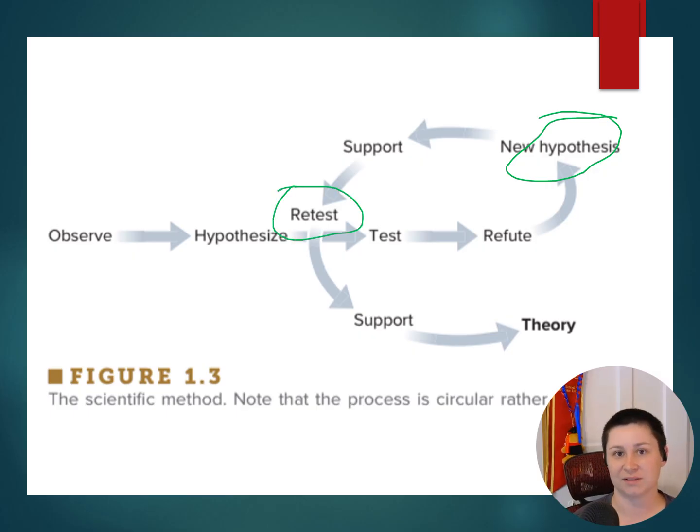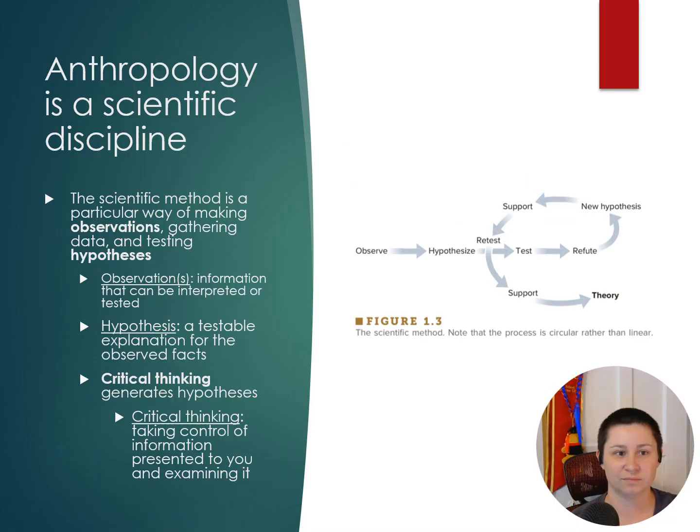It's just a hypothesis that's supported. So anthropology is a scientific discipline. The scientific method is a particular way of making observations, gathering data, and testing hypotheses. There are other methods, but this is the one that we use in anthropology.